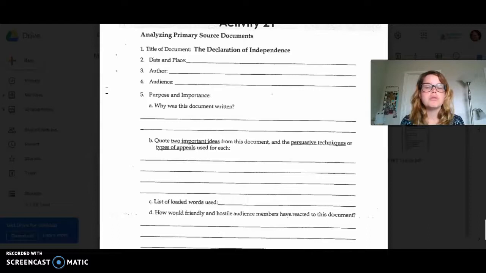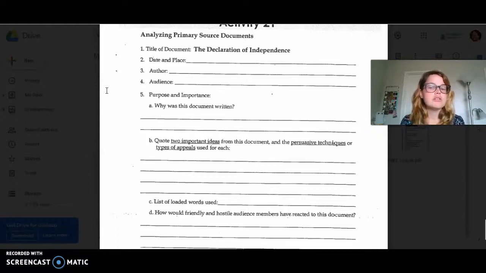Quote 2 important ideas from this document and the persuasive techniques or types of appeals used for each. So 2 important ideas, 2 ideas that stand out to you, right? And the persuasive techniques, so repetition, restatement, ad hominem, false causality, any of those, right?